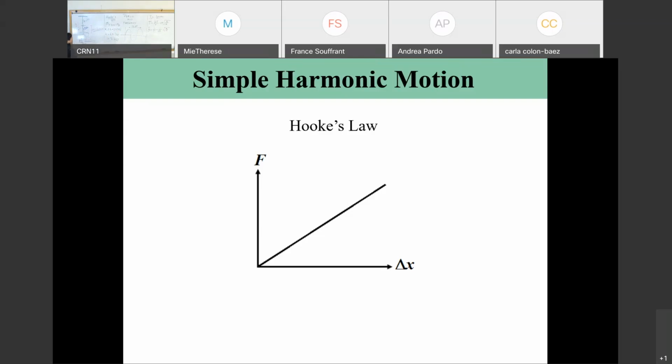And then imagine when I get a period now. So I pull it down and I want to get a period. So I use the equation over there. To get a period, what I do, I have k, I have the mass, the period, capital T, equals 2 pi square root of m over k.